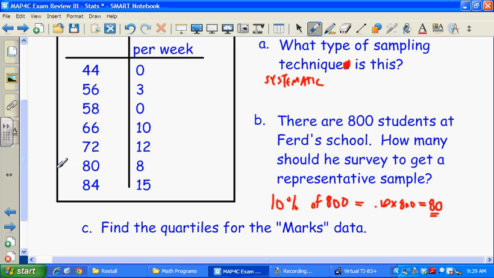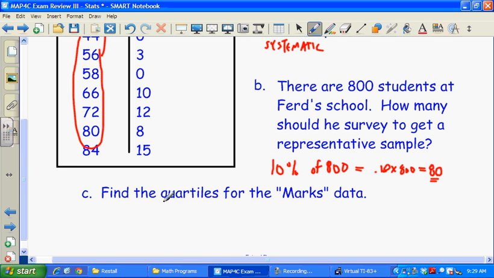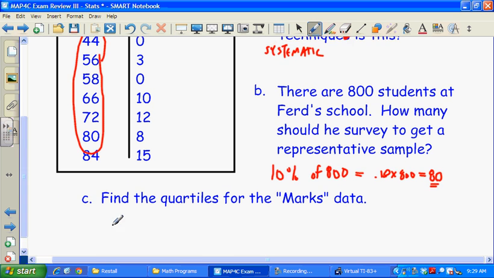Find the quartiles for the marks data. Well, this is the marks data here. And the idea to find the quartiles, this was one of the calculations in chapter 4, is we put them in order. We write them in order. Should have written this out beforehand so you're not watching me write.